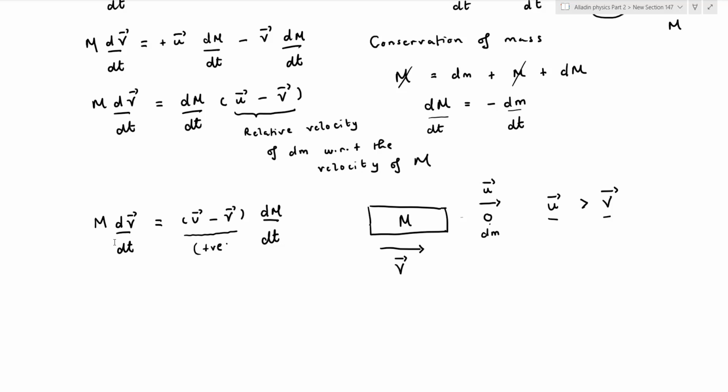Now since it has emitted small dm, the dm will be negative, so we have a force that is negative, which means that the capital M will experience a force in the opposite direction, because of course dm has experienced a force in the positive direction from capital M. So from here we already get the force on capital M.